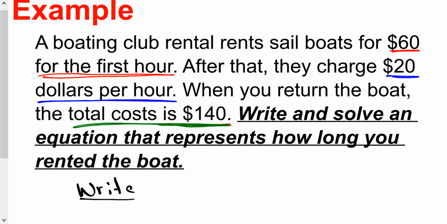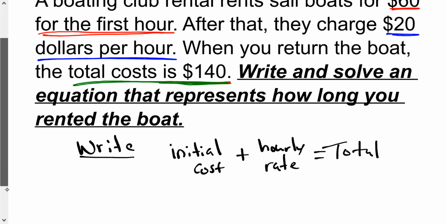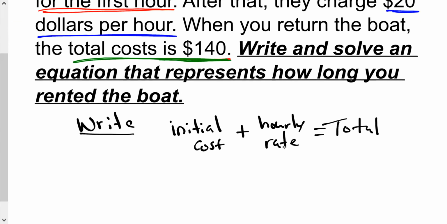So basically, I have an initial cost to start renting the boat, plus my hourly rate, and that's going to equal the total that I pay in the end. There's only two costs here, an initial cost and the hourly cost.